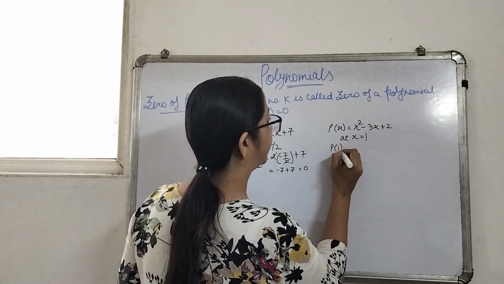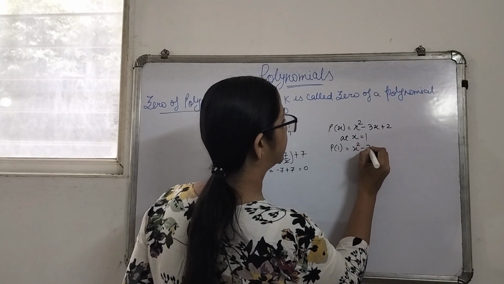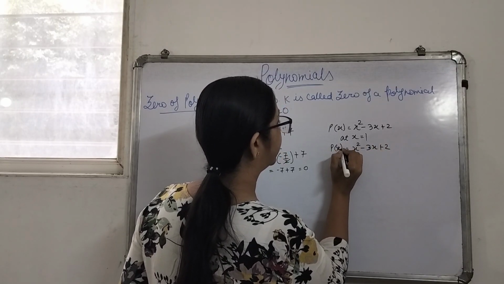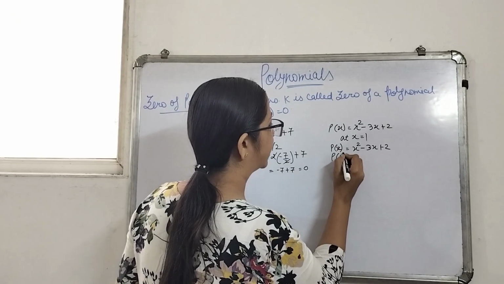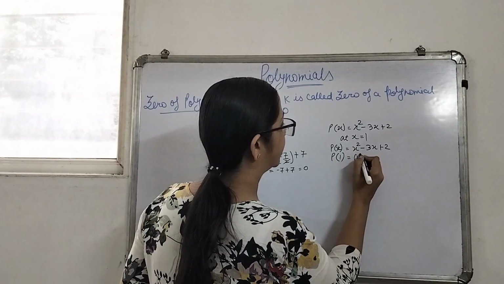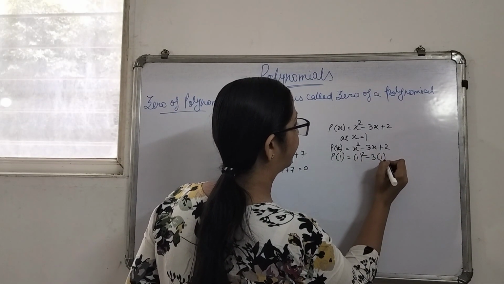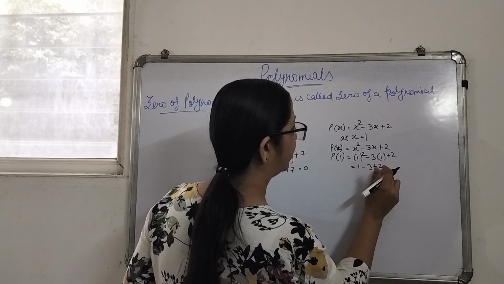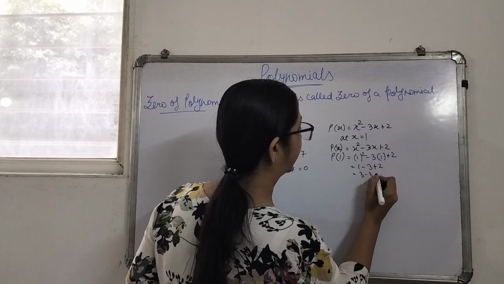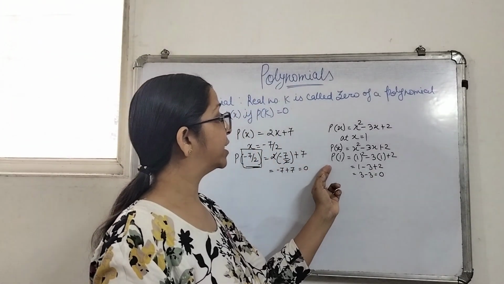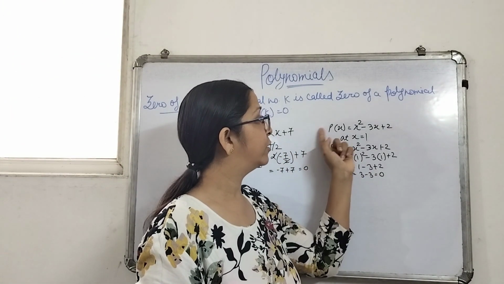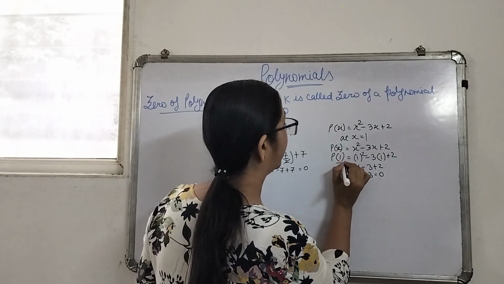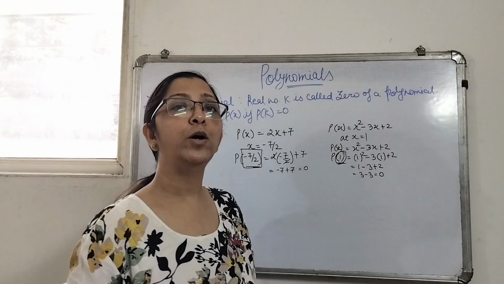So p(1) will be 1 square minus 3 multiplied by 1 plus 2, that will be 1 minus 3 plus 2. 1 plus 2 is 3, minus 3, that is 0. So when we put x equal to 1, the value of the polynomial becomes 0. That's the reason 1 is the zero of the polynomial.